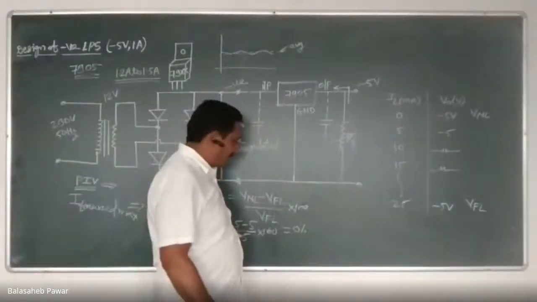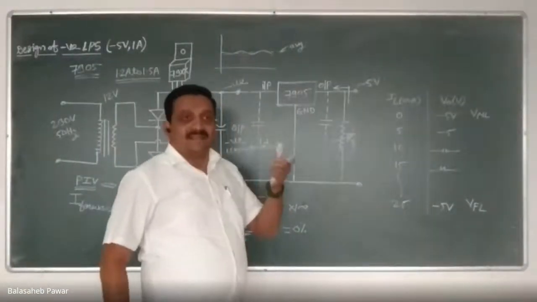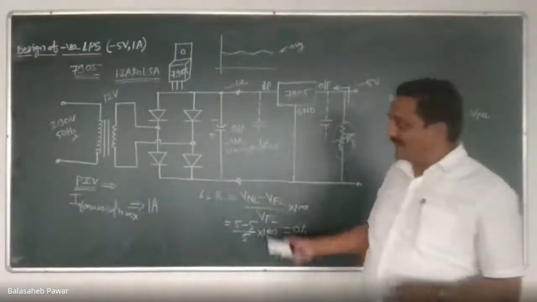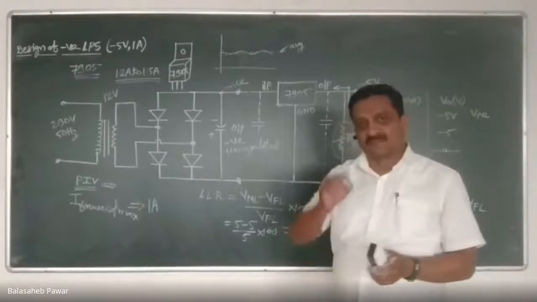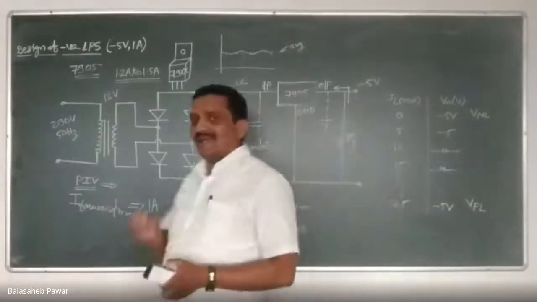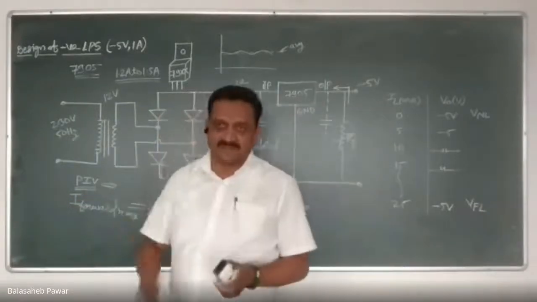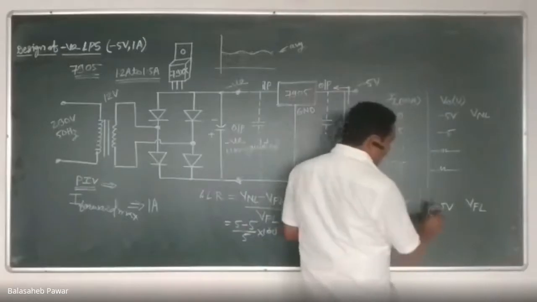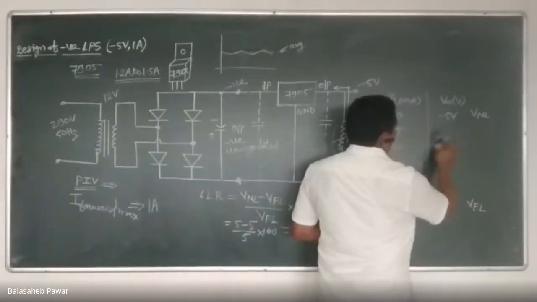The percentage load regulation of an ideal regulated power supply is 0%. And for a practical one, it should be as low as possible. Practically, it might not be equal to 0%, but it should be as low as possible or closer to 0. How it will be somewhat non-zero, that also we'll discuss.